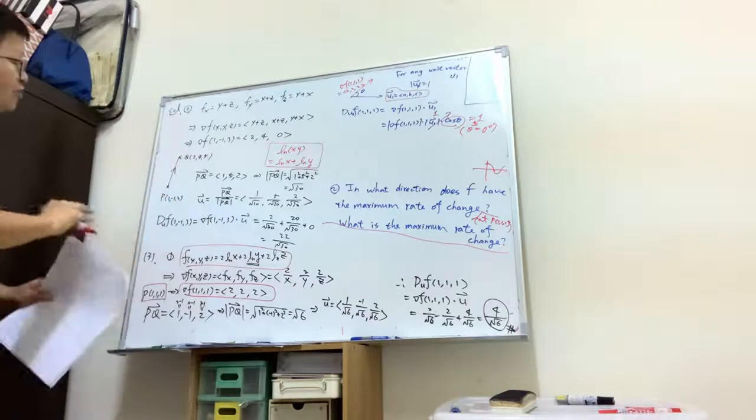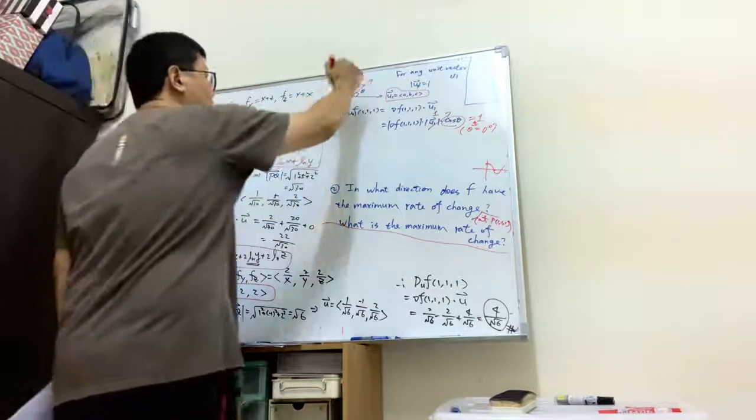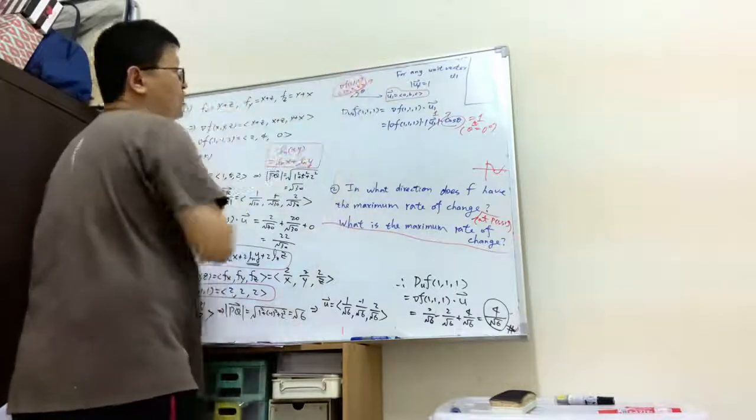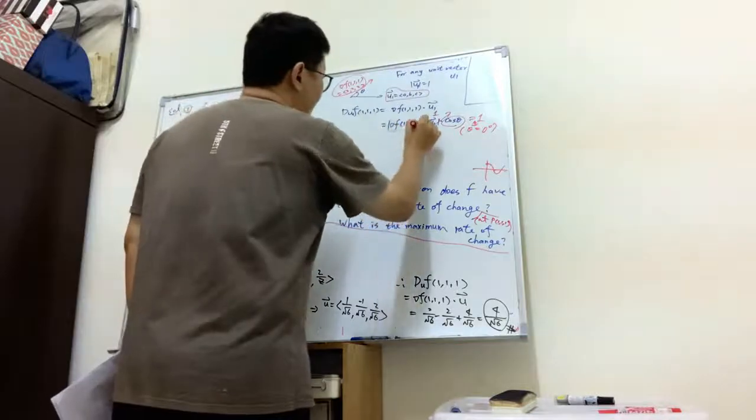Of course, if you want a unit vector, you should divide by its length. Anyway, you should choose the same direction, and its maximum is exactly the length of gradient f.